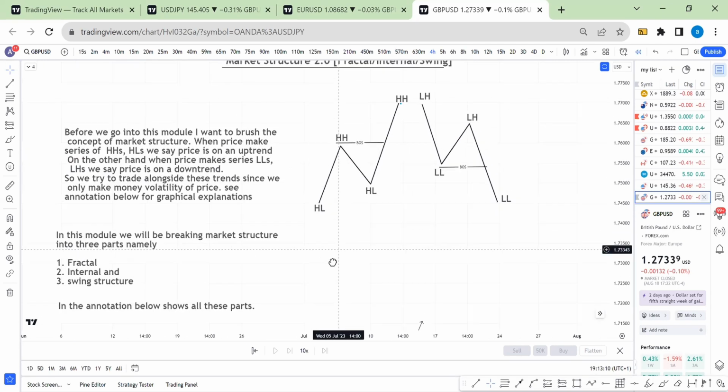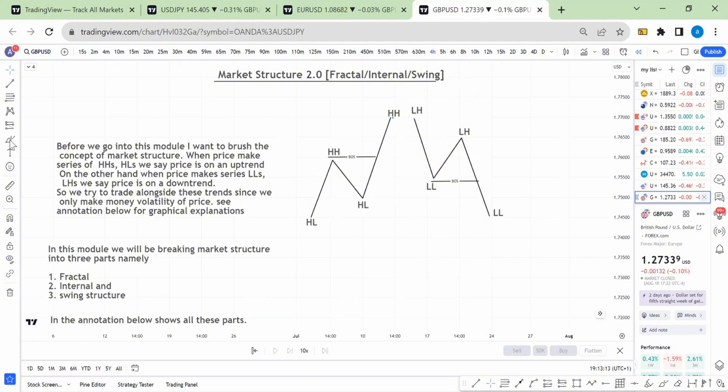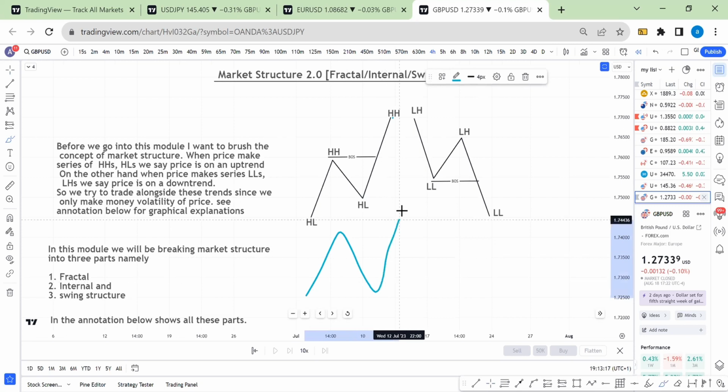Now, what we are trying to do essentially is this: when price creates a move like this, which is just what I drew up here, and it breaks structure like that, after the break of structure, what happens?